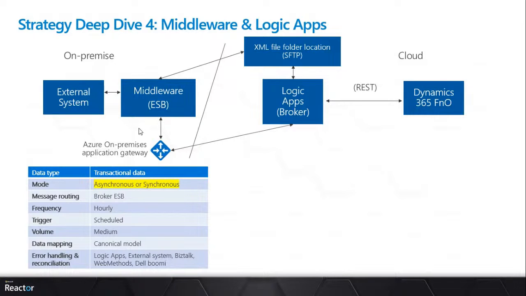So in this scenario, an Azure on-premises application gateway is required, which tries to connect to the Logic App as a broker, and then the Logic App is having a connection with the SFTP, which is running in cloud.